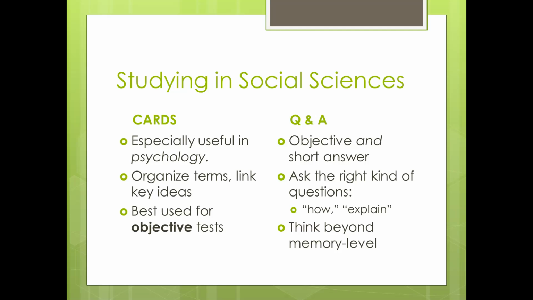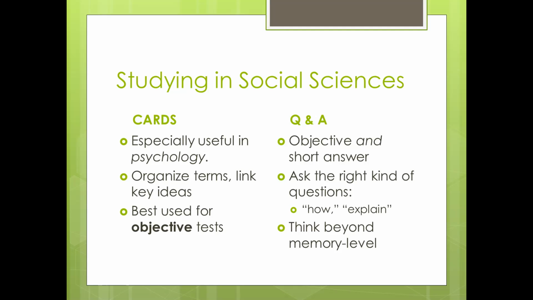Question and answer sessions can also be very helpful for studying in the social sciences, but more so when you know you've got short answer questions or more objective level terms to memorize. Just be sure that you're asking the right kinds of questions.